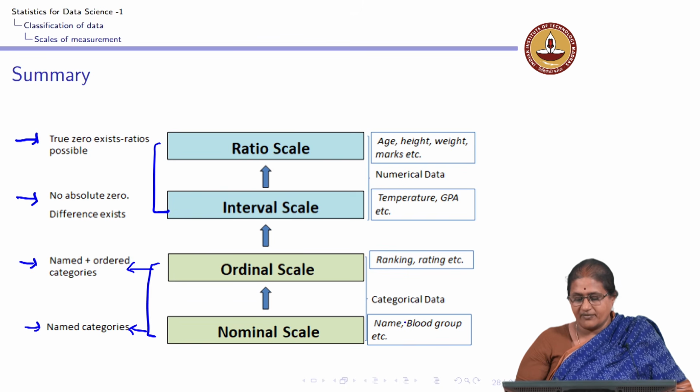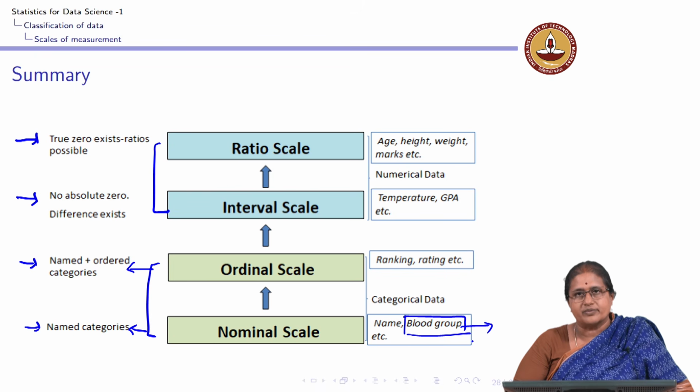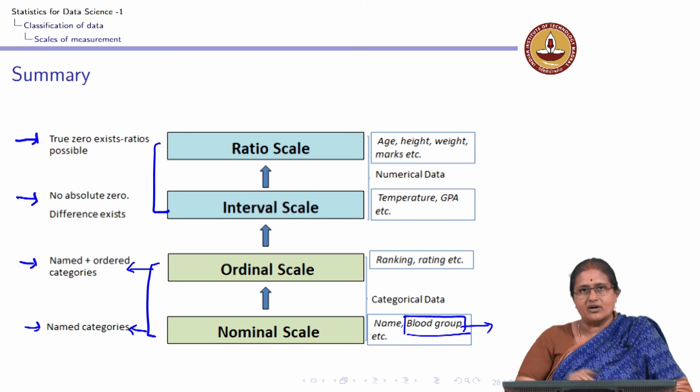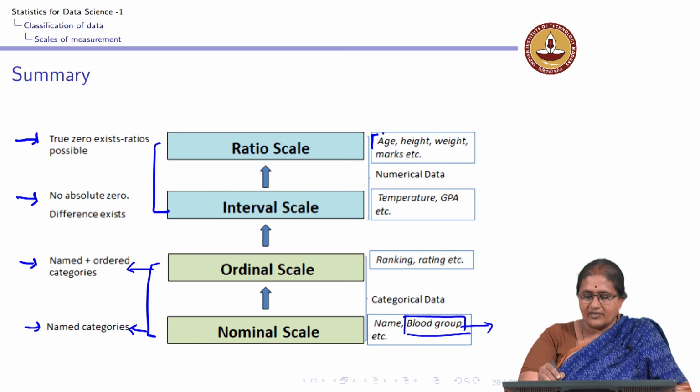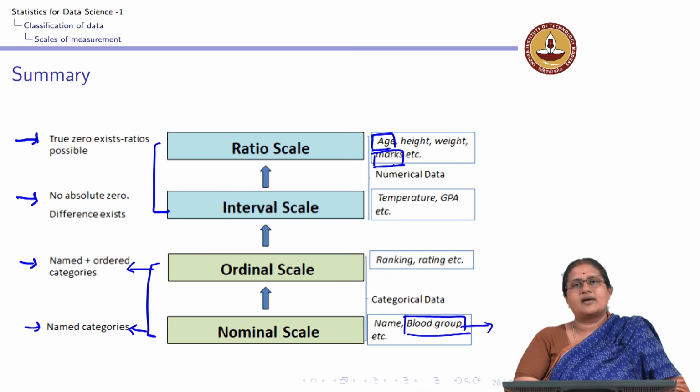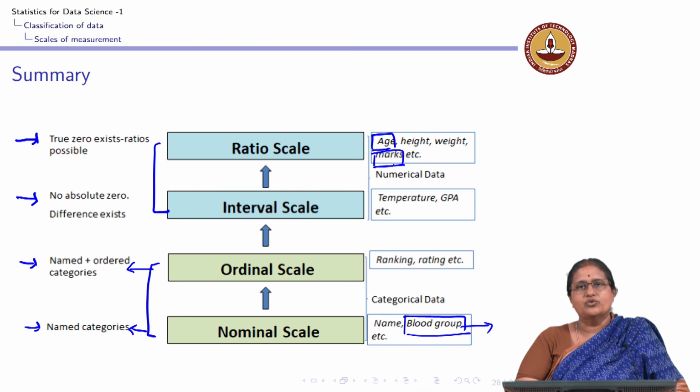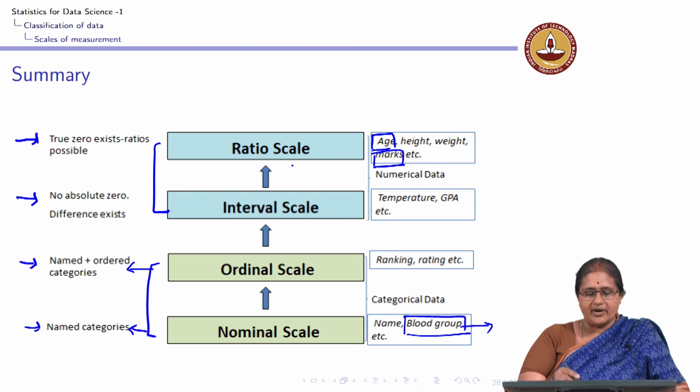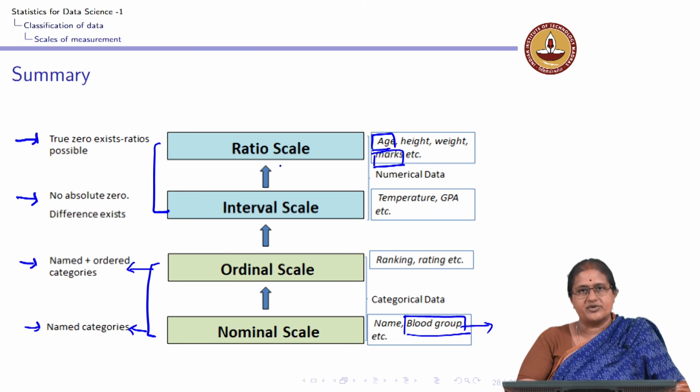For example, when I have a variable which is blood group, I would not ask what is the average blood group, because I cannot define any arithmetic operation here. But when I am talking about age or marks, I can ask for some numerical summaries depending on the scale of measurement.